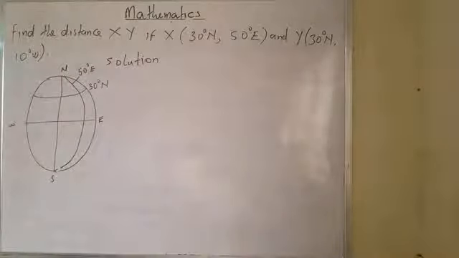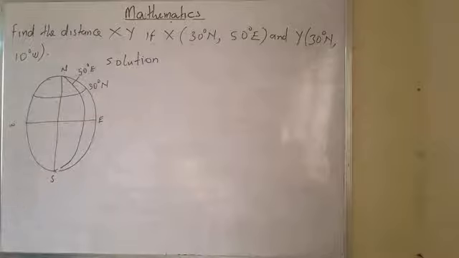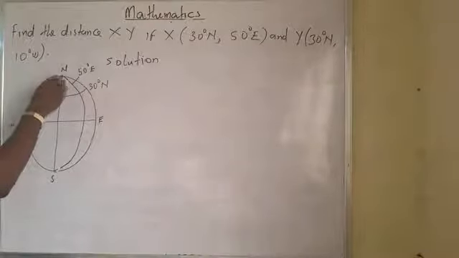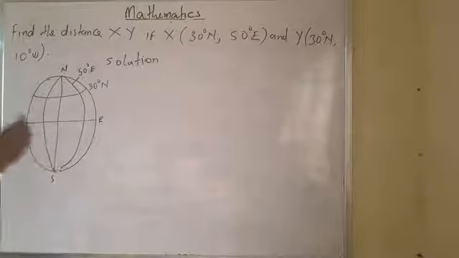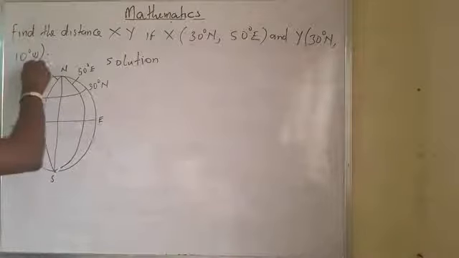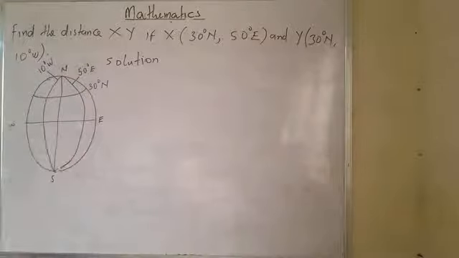Y is 30 degrees north, which I repeat, and 10 degrees west. My 10 degrees west will be as close as this. I'm sketching anyway. Here will be 10 degrees west. That is all. With this, the problem is settled.